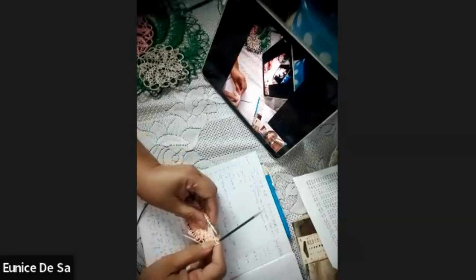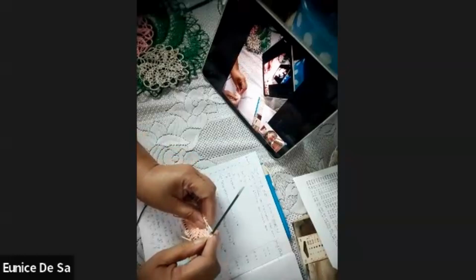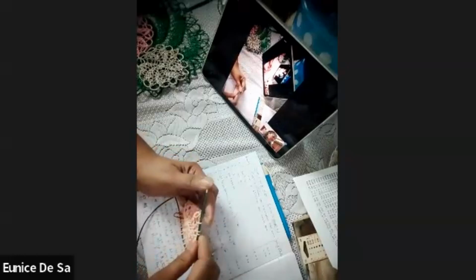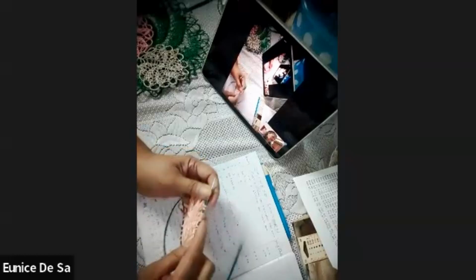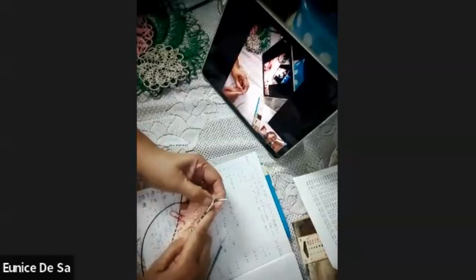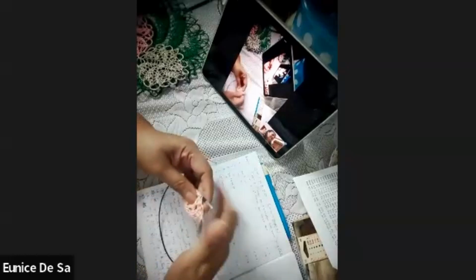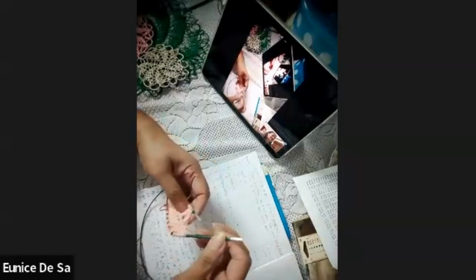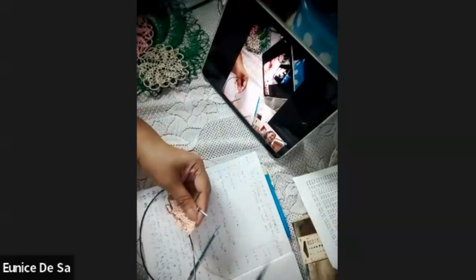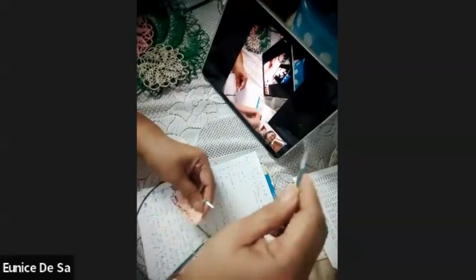This is also how you reverse this. See, I'm pulling the lower loop. This is how you also remove a stitch. I have to remove this one stitch. Okay, so now we are at square one where I've got my stitches on needle number 1. I'm holding it, can you see?